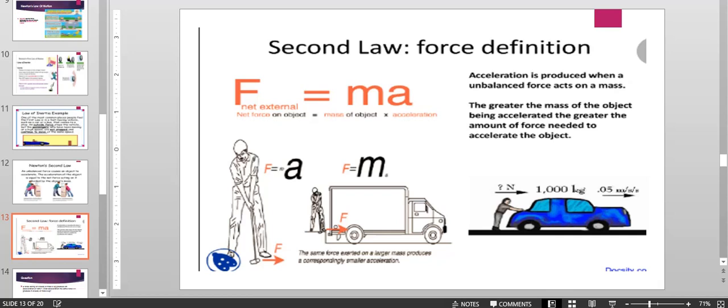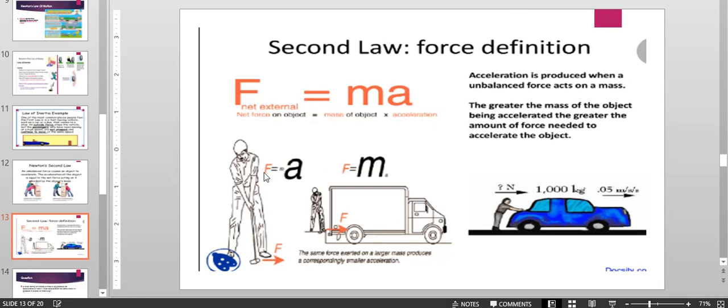As we know, acceleration is produced in an object when an unbalanced force acts on it, and the greater the mass of the object being accelerated, the greater the amount of force needed to accelerate it. So the net external force on an object depends upon the mass and the acceleration of the object, meaning the product of mass and acceleration is equal to force.